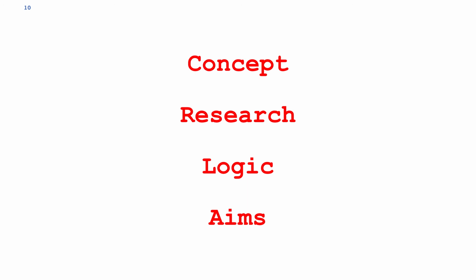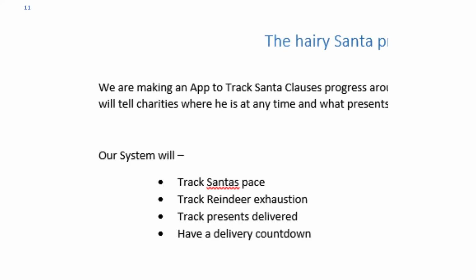So, we've now talked about concept, research, logic. The last section is aims, and these are not that big or complicated, but they are exceedingly important. The aims will simply say what the program has to achieve for it to be considered a success. So here, my Hairy Santa's project.